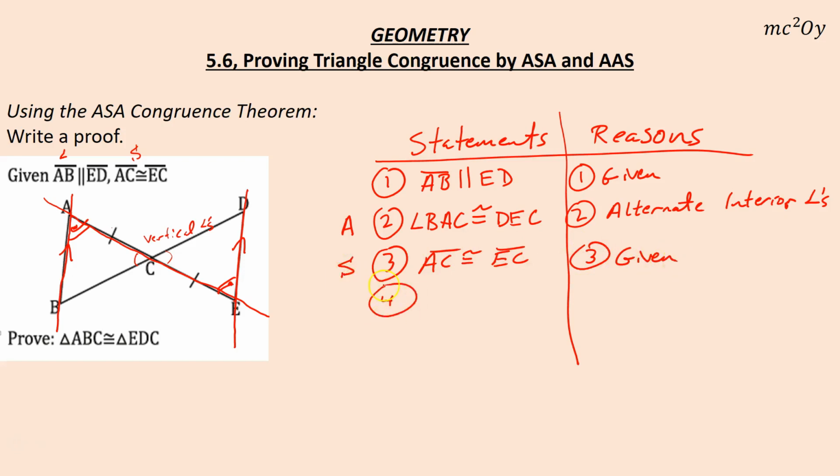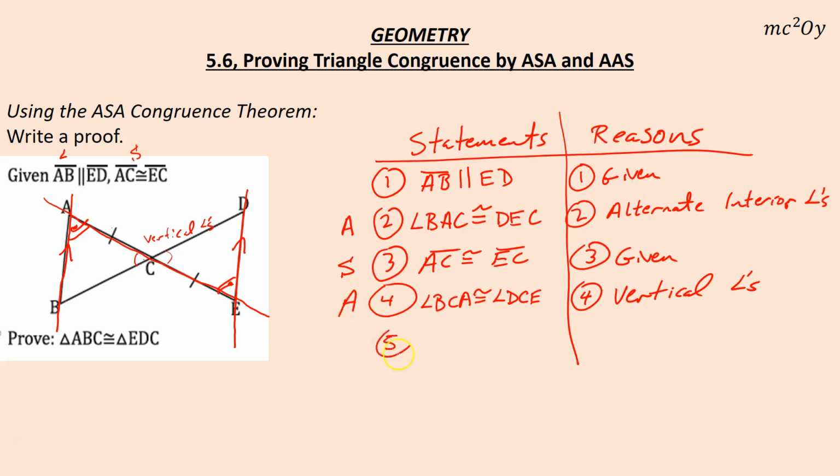Then number 4, I have my vertical angles: angle BCA is congruent to angle DCE. So B corresponds to D, so DCE. And that is because of vertical angles.